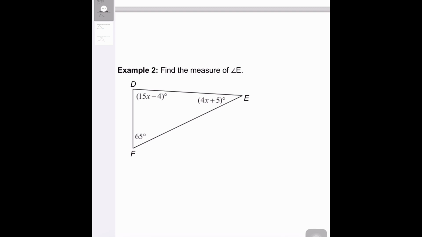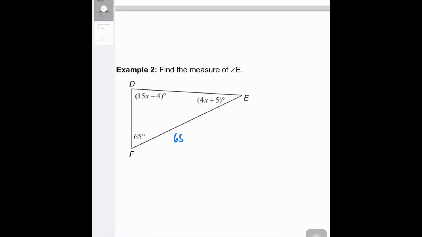And to begin with that, our initial equation will be 65 plus 15x minus 4 plus 4x plus 5 equals 180.